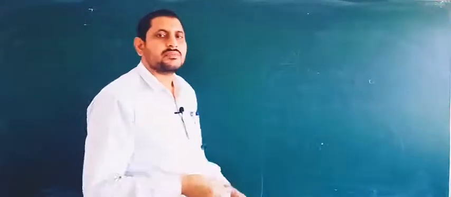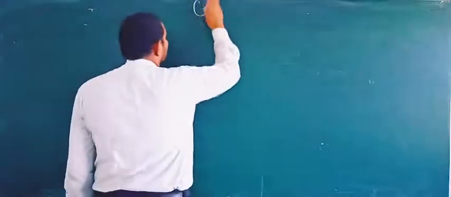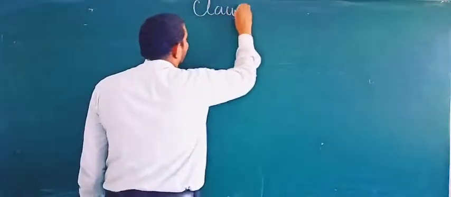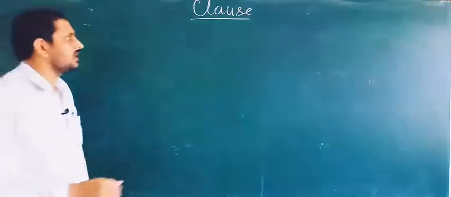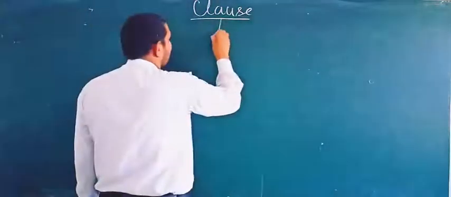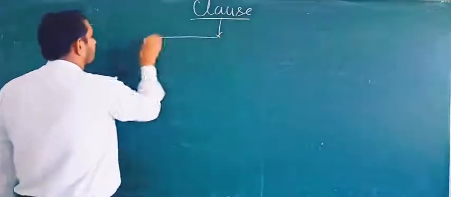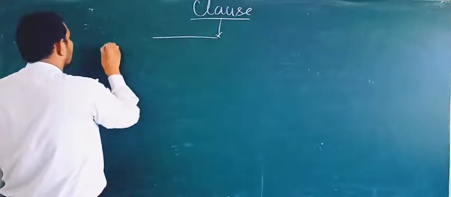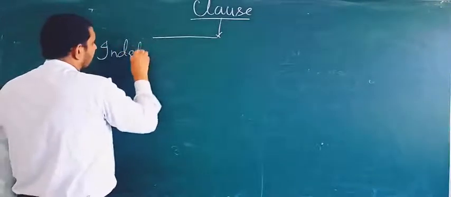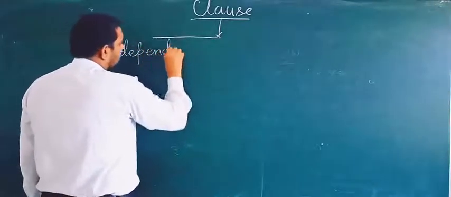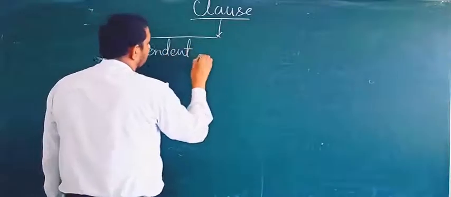In the previous class we learnt about the clause, the introduction of the clause. So we will continue our class. As we have learnt, there are two types of clause. Number one, independent clause.